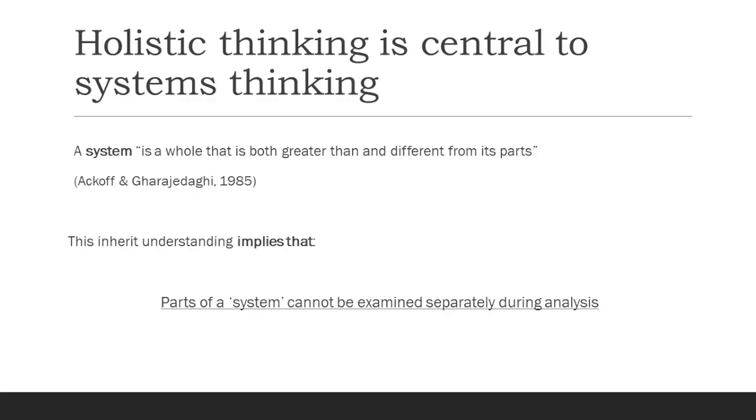Analytically, this means that in your inquiry, the system you are examining won't be understood by looking at the parts of that system separately. This is because the key properties that make the system you are studying will be lost when it is taken apart. So this is something important to keep in mind.